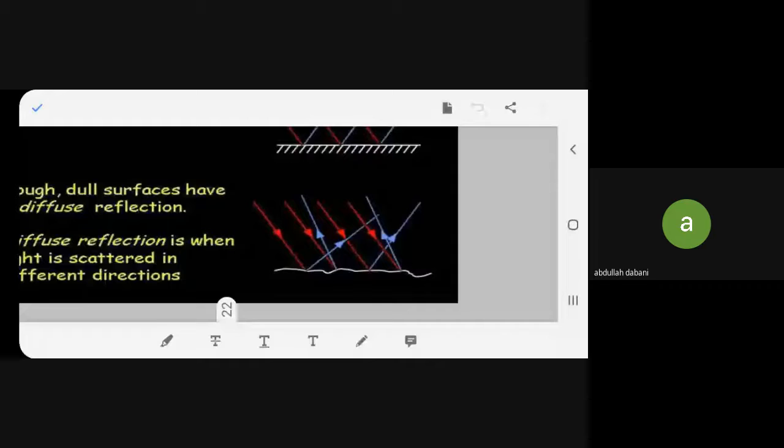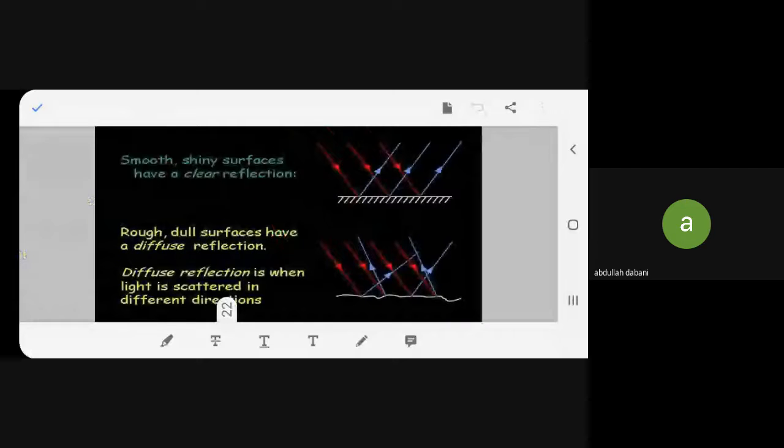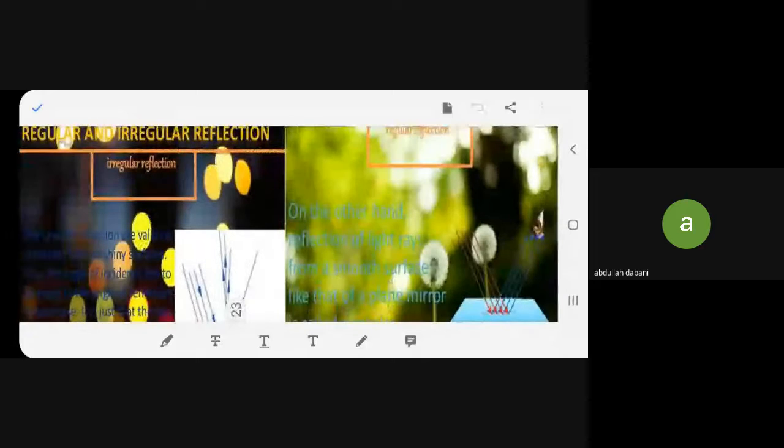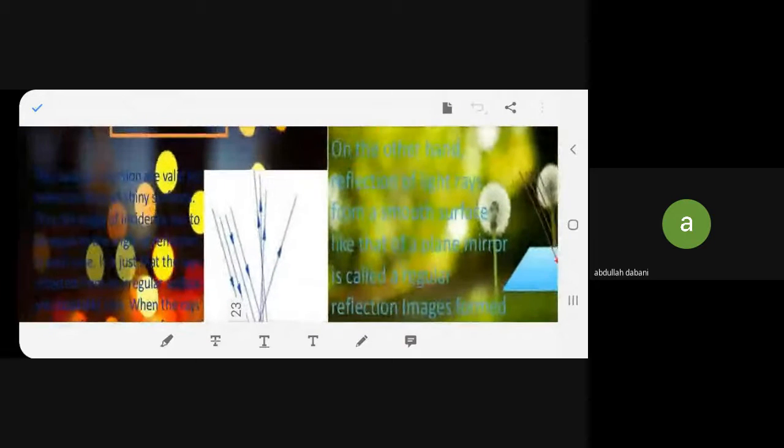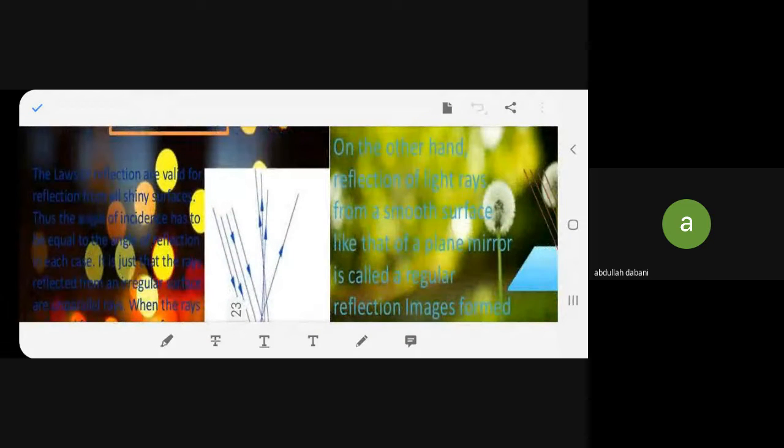Okay, beta? Yes. Same thing. Let's see what is irregular reflection. Would you be able to read it? Otherwise, I will do it. Yes, ma'am. The laws of reflection are valid for reflection from all shiny surfaces.